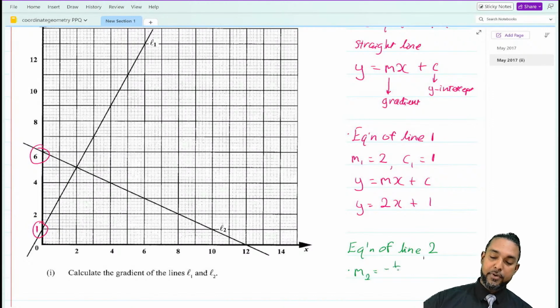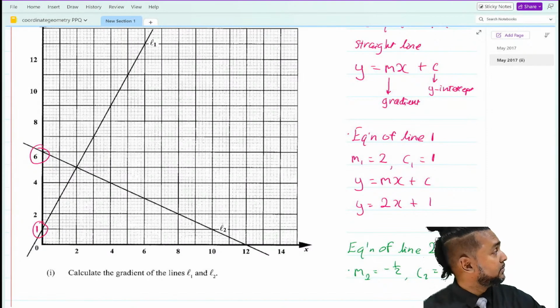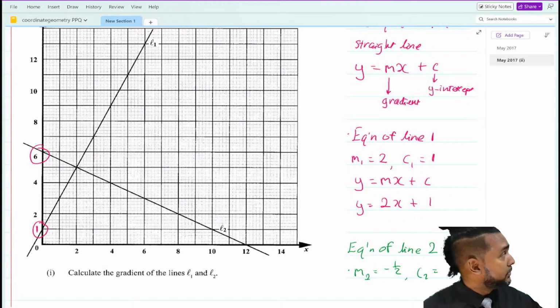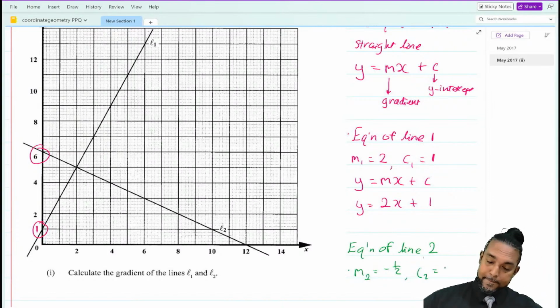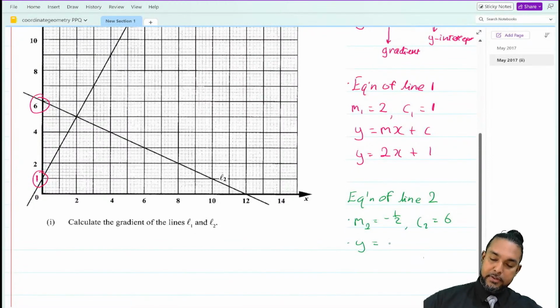Minus a half. And what is the intercept of line 2 given from the graph? Where does line 2 cross the y-axis? 6. So all you have to do now is plug it inside of y equals mx plus c.